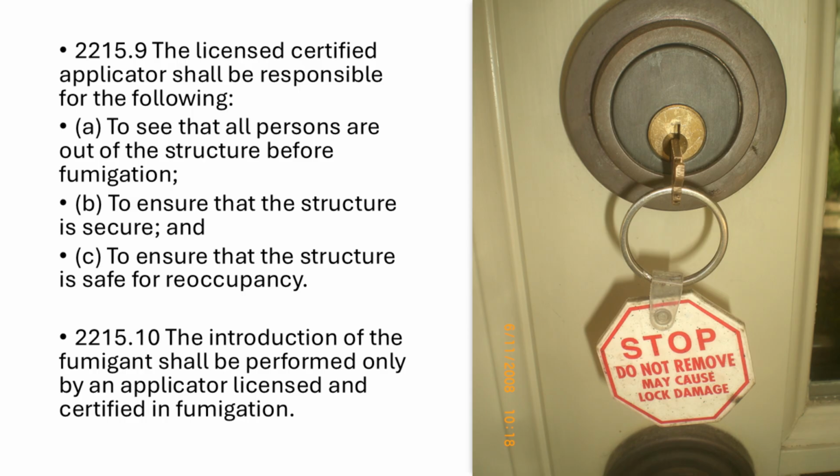The licensed certified applicator shall be responsible for the following: A. To see that all persons are out of the structure before fumigation. B. To ensure that the structure is secure. And C. To ensure that the structure is safe for reoccupancy. 2215.10. The introduction of the fumigant shall be performed only by an applicator licensed and certified in fumigation.